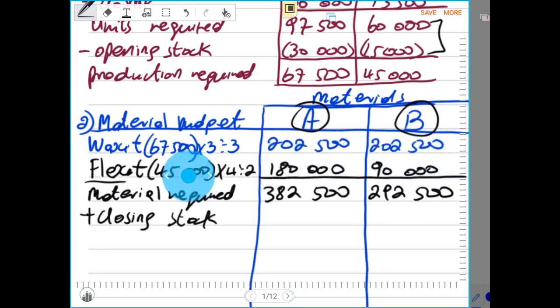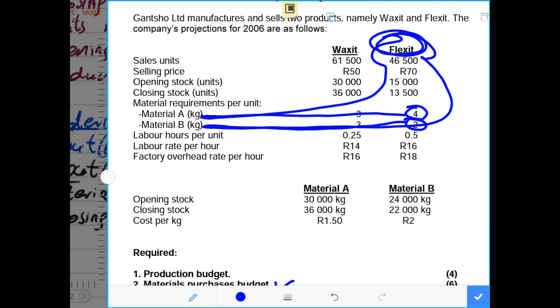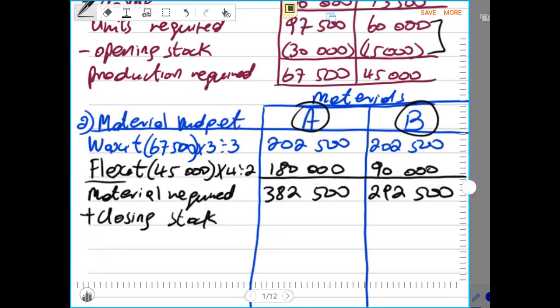There is closing stock of material A, and there is our closing stock, which is 36,000 kgs and 22,000 kgs. So now let us write that closing stock and we add it: 36,000 kgs and 22,000 kgs.